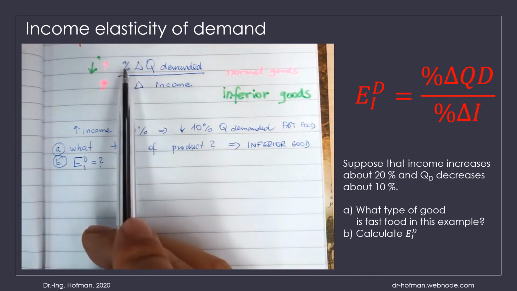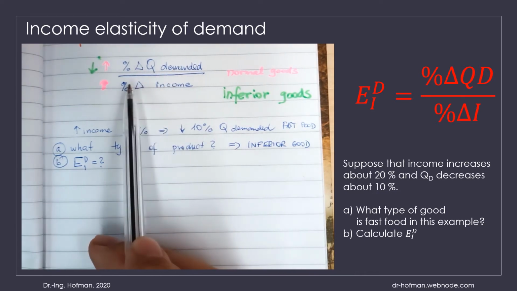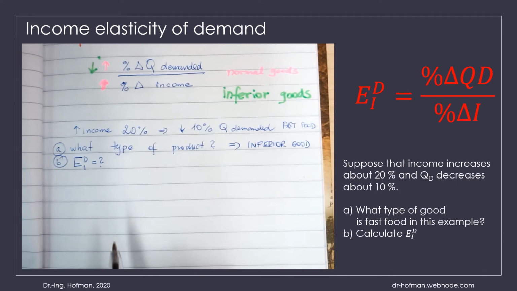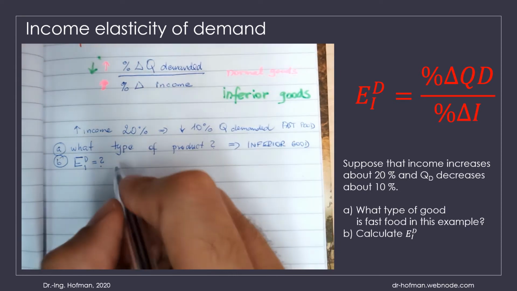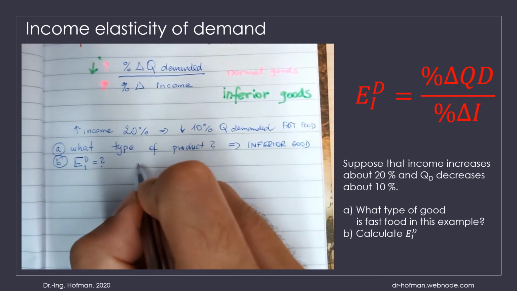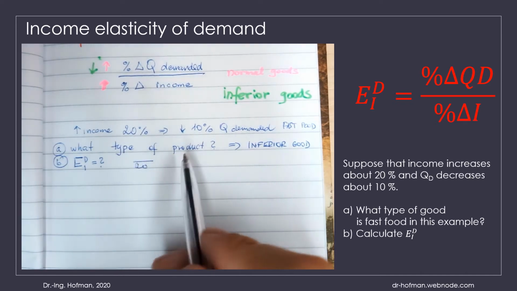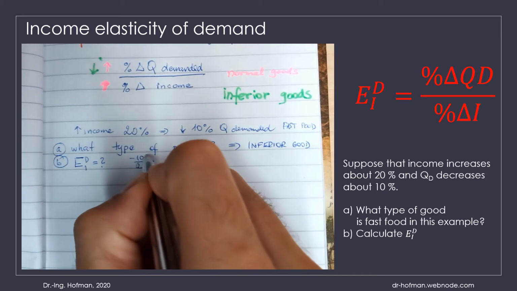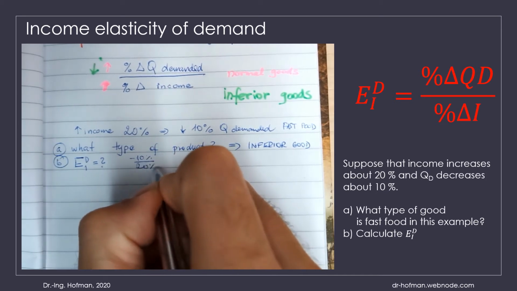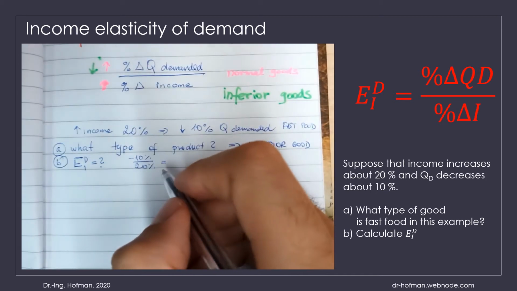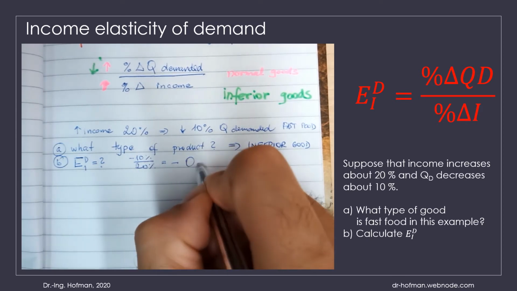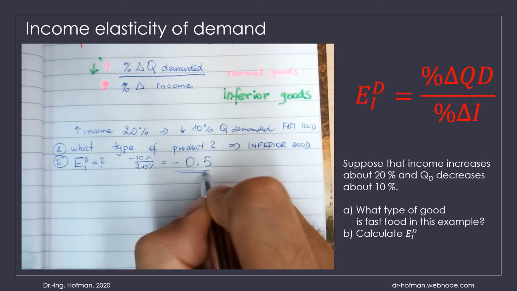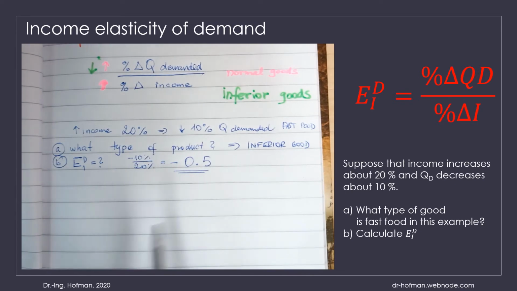This is the percentage change of quantity demanded based on the percentage change of income. So you know that the income increase was 20% and the change in quantity was minus 10%, so it will be minus 0.5. So with this inferior good, you have a negative elasticity of demand.